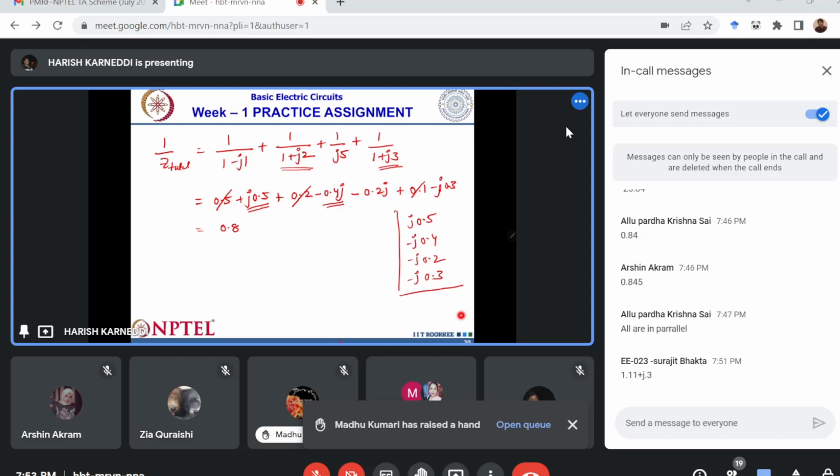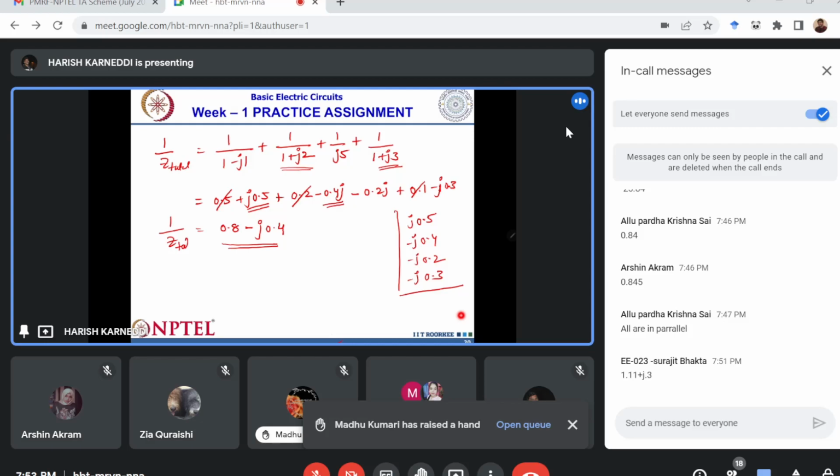What is the total? This is 5 minus 4, which is 1, 1 minus 2 minus 3, which is minus j0.4. Right? This is the value of 1 by Z total.